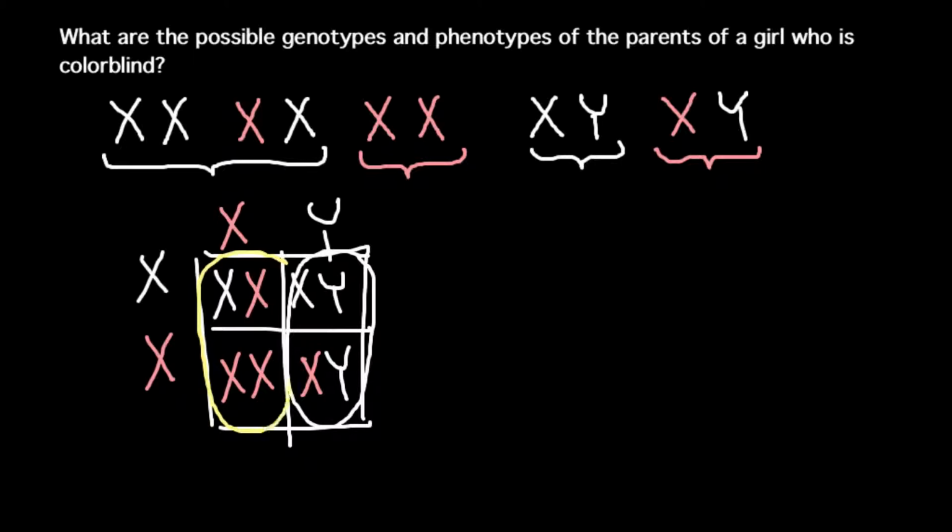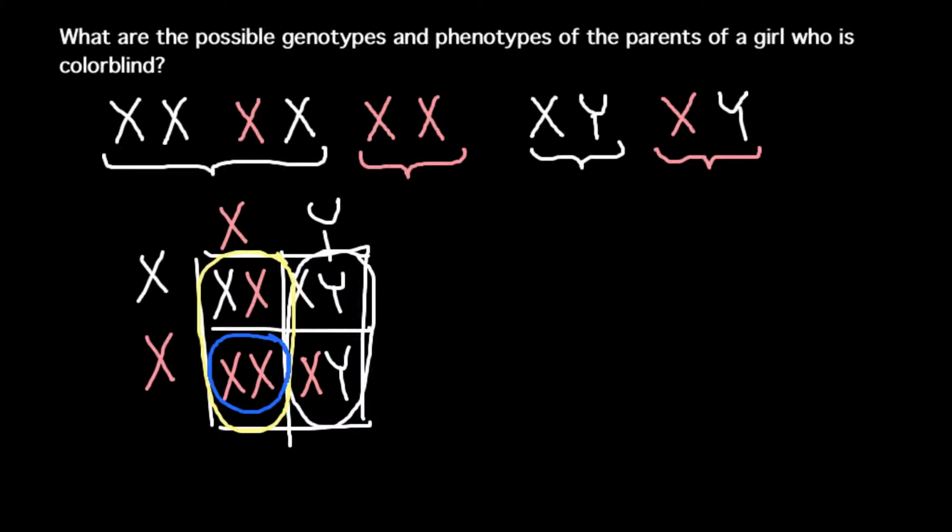And in this cross, 50% of females would be affected with this genetic disorder, because they would have two X chromosomes with this recessive disorder.